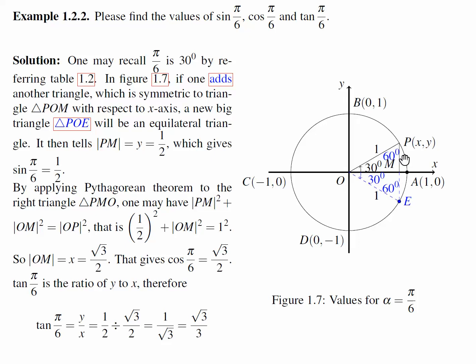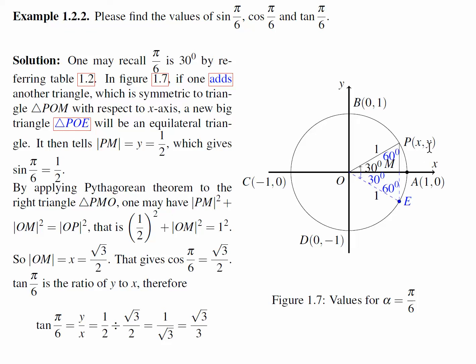Then it tells us that PM, where P is this point and M is this point, is half of the whole length. But we know the radius is 1, so MP is 1/2. MP is 1/2, which tells us y is 1/2.